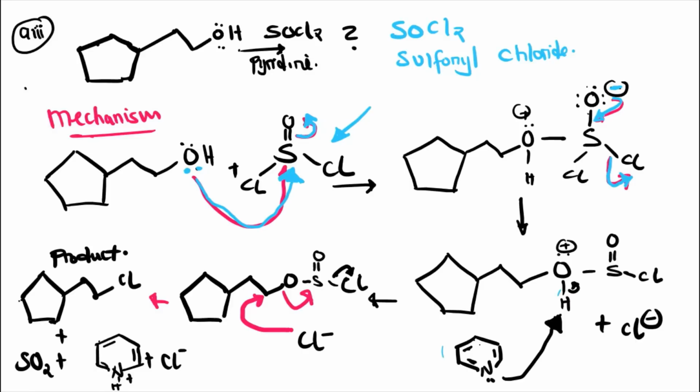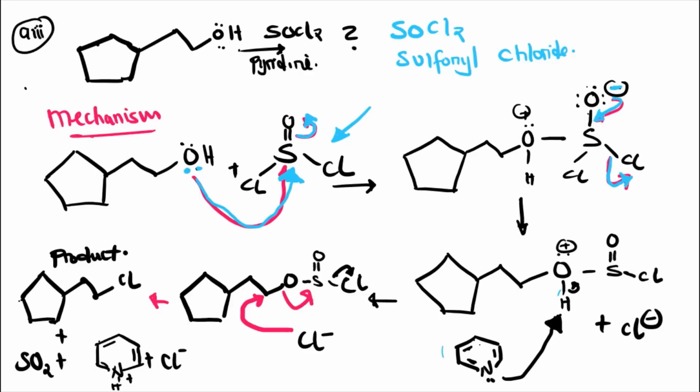You know that when the alcohol attacks and forms a bond with the sulfur, there's always an excess hydrogen that remains, so it makes it positively charged. So the job of pyridine is to come and get this hydrogen and neutralize this, so it remains like this.